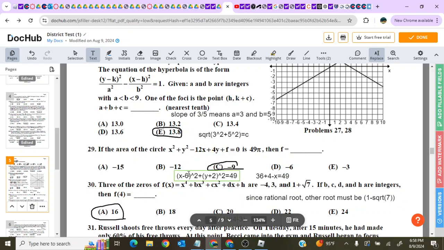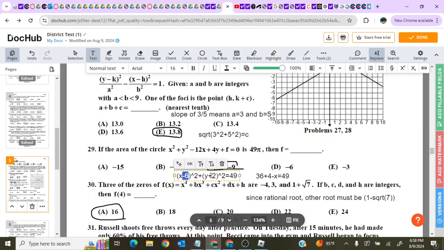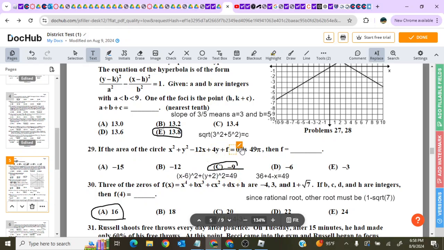Bringing this back in adds 36 on that side, so you have to add a 36 to this 0. You also have to add a 4 to this 0, because you're technically adding 36 on this side and 4 on this side by doing this. So basically 40 minus f is equal to 49. And from there, you can just see that f is clearly negative 9.